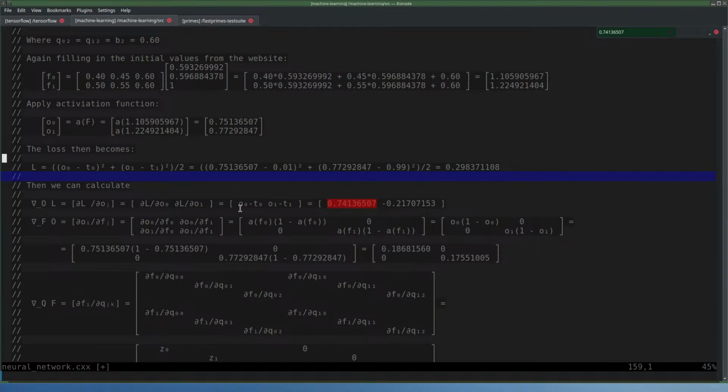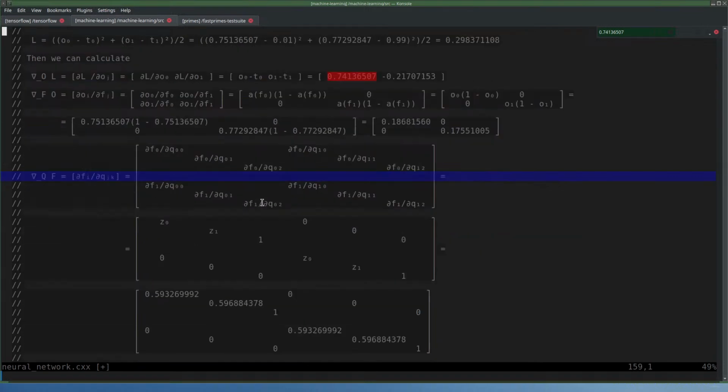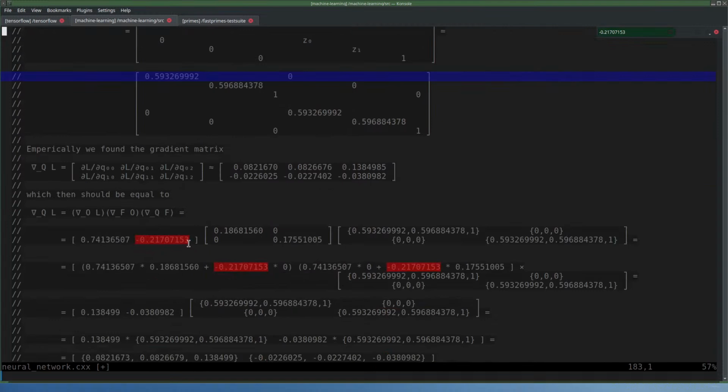Difference between the output and the target. And then that is the other one, of course. Yeah, so this vector is the difference between output and target. This is the input of the current layer with a 1 added.